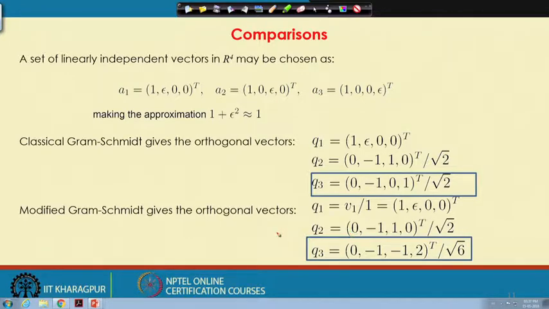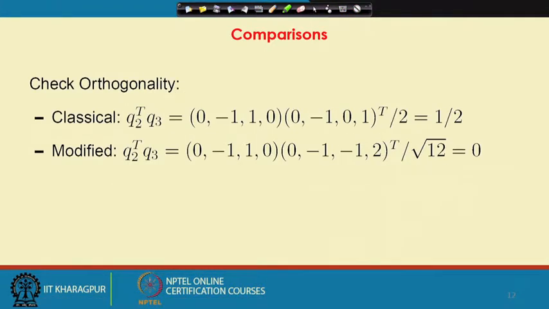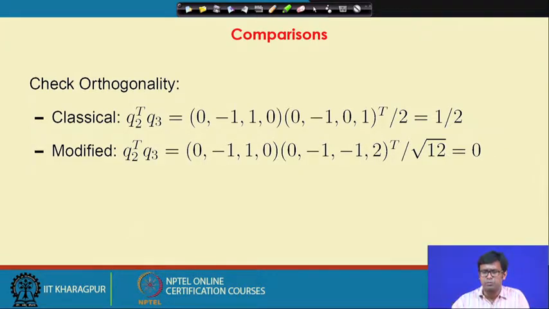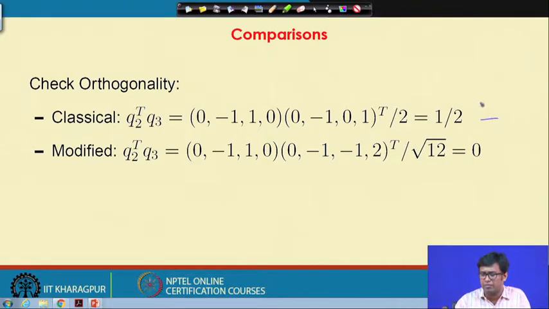And now, if we check orthogonality, in the classical Gram-Schmidt, Q2 transpose Q3 is not giving me 0, rather giving me a half. However, the modified Gram-Schmidt is giving me the right result, because this epsilon square approximation is avoided in modified Gram-Schmidt, which is not avoided in the classical Gram-Schmidt method.